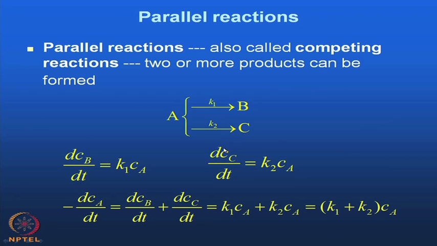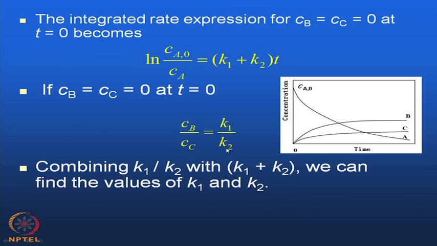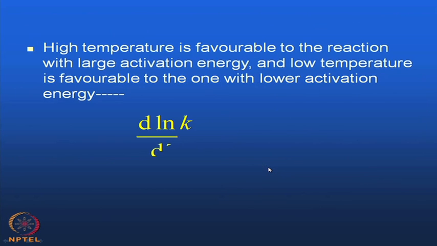So, it is a simple first order parallel or competing reaction, and basically your reactant is depleted in first order kinetics and the products of the parallel reactions are formed like an exponential growth, and you can also find out K1 and K2, knowing K1 by K2 for this parallel reaction. And of course, temperature has immense importance on which step will be favored, which you can find out using the Arrhenius equation.